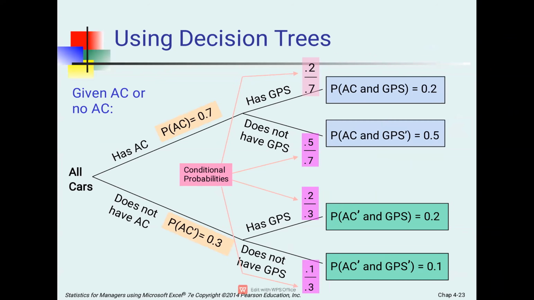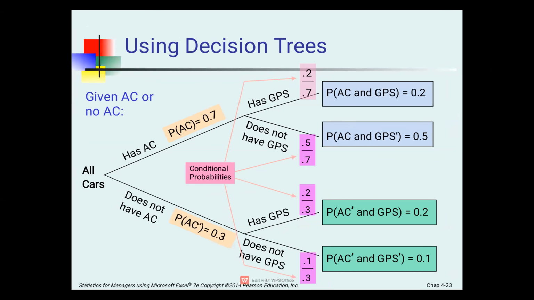So now, with a decision tree, how do you present the same condition? The condition that you have is number one: a car can have air condition, and it cannot have.